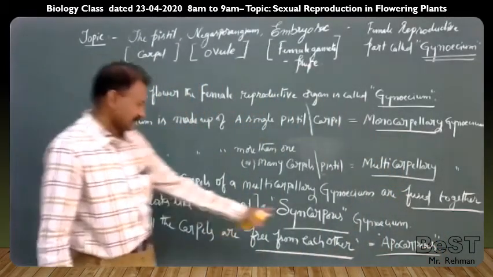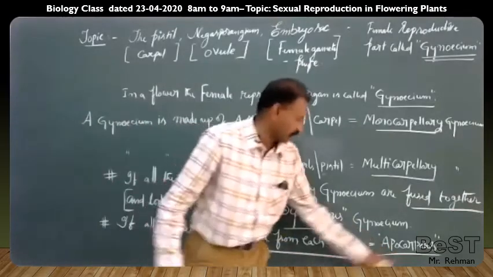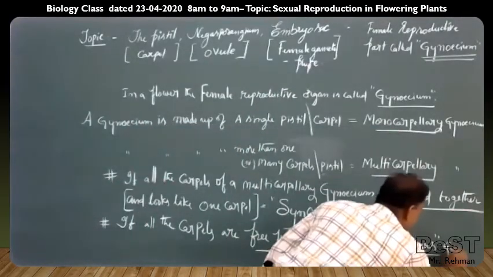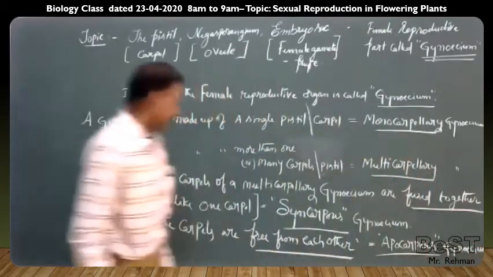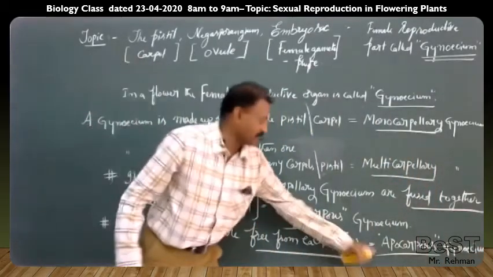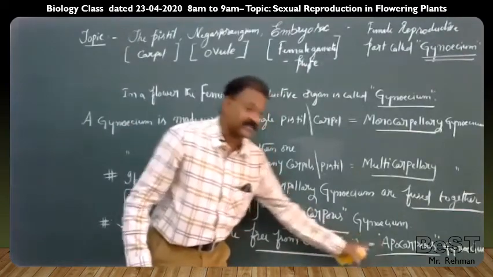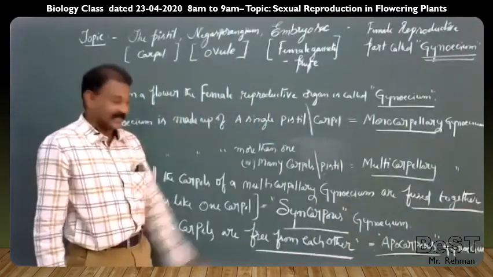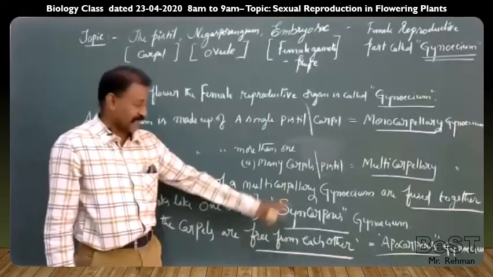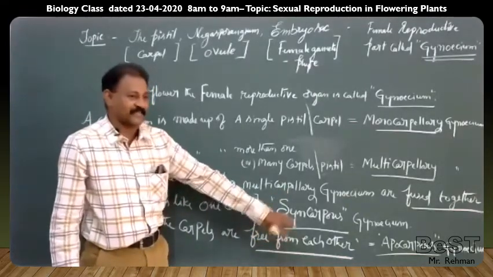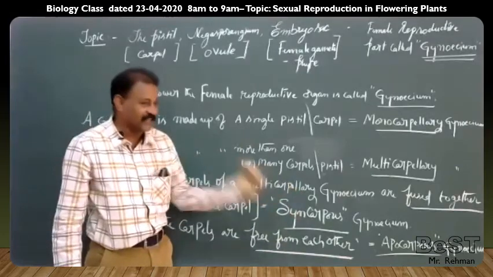What is syncarpous and what is apocarpous? Syncarpous and apocarpous are the terms associated with the nature of the gynoecium, or fusion or not fusion of the carpels of a gynoecium of a single flower.